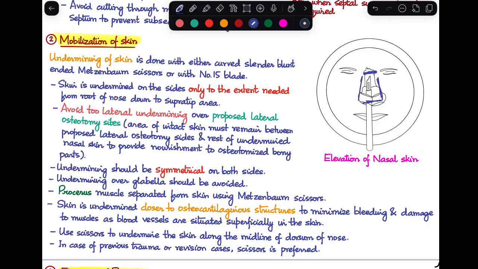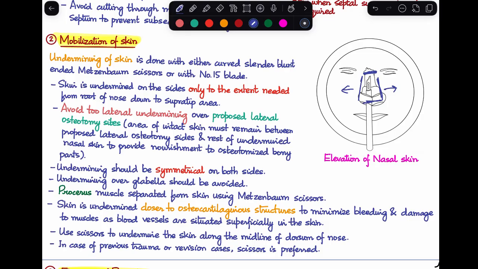You should avoid too much lateral undermining of skin, especially over the site where you're going to give your lateral osteotomy, because in this region where you're going to be placing the lateral osteotomy incisions, the intact skin needs to remain between the proposed lateral osteotomy site and the rest of the undermined nasal skin, so that the osteotomized bony parts get enough nourishment from the region.